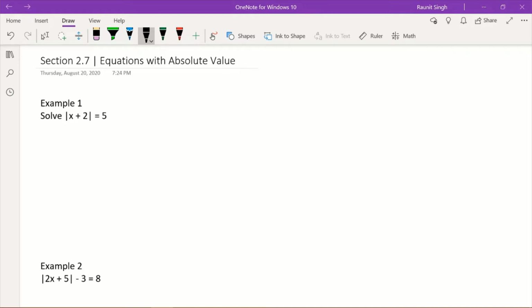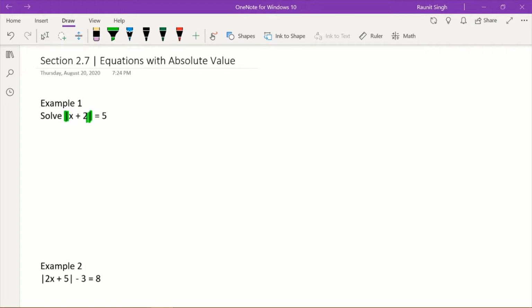Just to recap, I'm pretty sure I discussed this in a previous video, but these long bars basically mean that if you have negative 6, it equals 6, and if you have positive 6, it also equals 6.